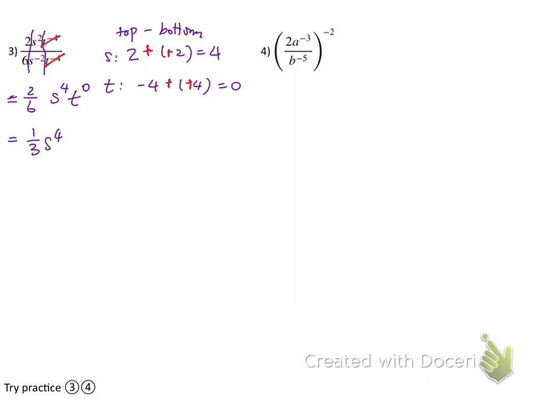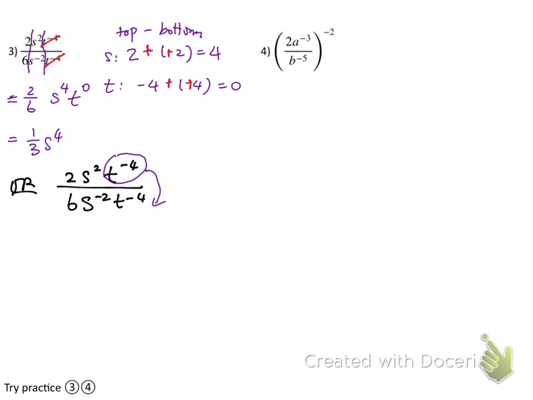So this is one of the ways to do it, but there's another way of doing these kinds of questions, which sometimes students find better. So let me give you the question back. I have 2s squared t negative 4 over 6 s negative 2 t negative 4. What you can do with your negative powers inside a fraction is that you can just grab the power and pull it to the other side.